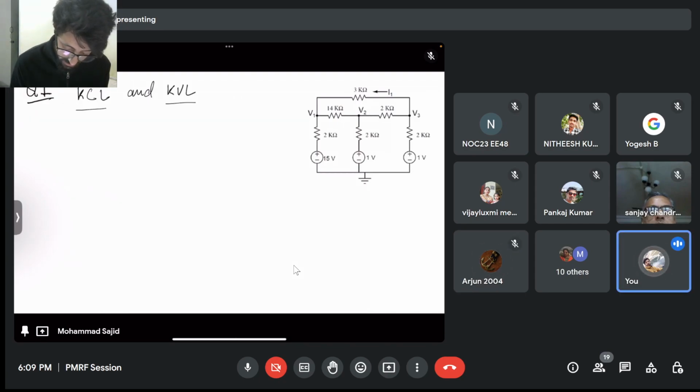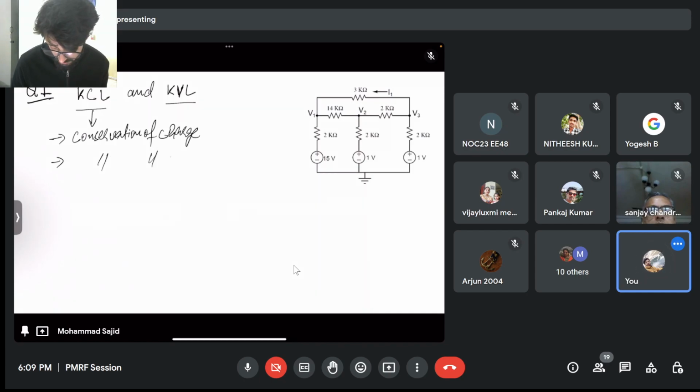So KCL and KVL are Kirchhoff's current law and Kirchhoff's voltage law, right? Current law comes from the conservation of charge, and Kirchhoff's voltage law is conservation of energy, right? So what is KCL?